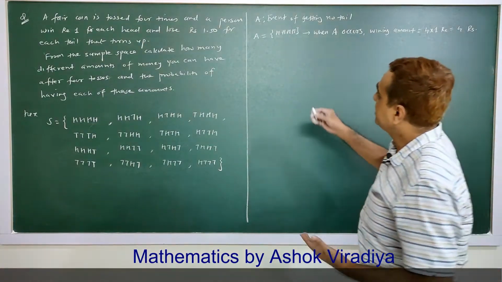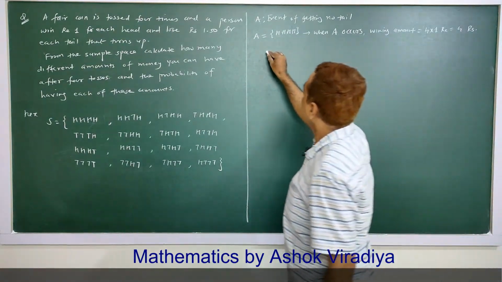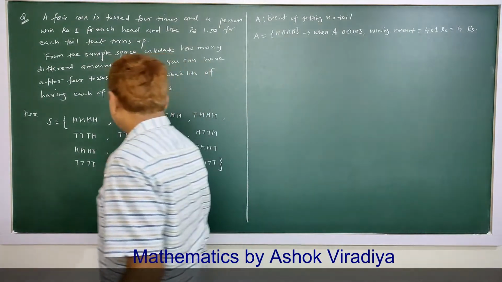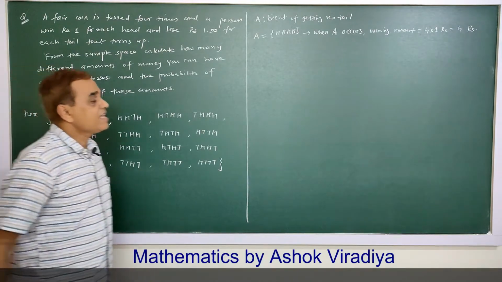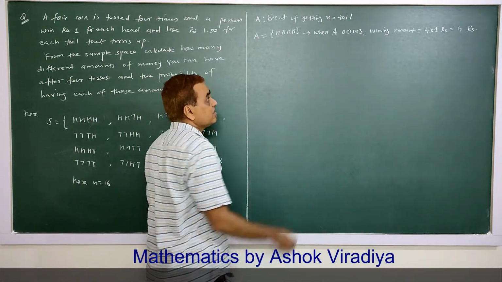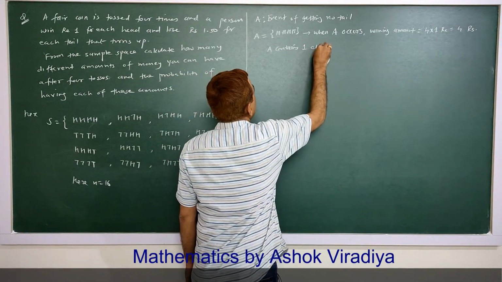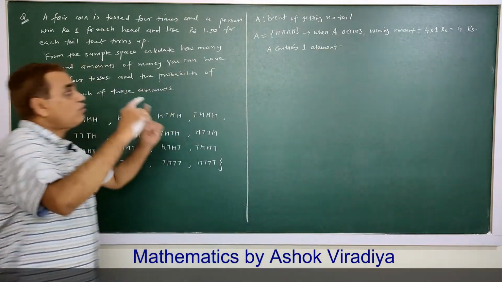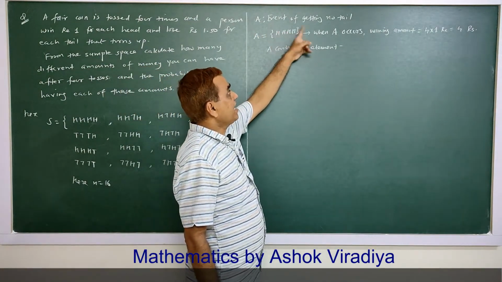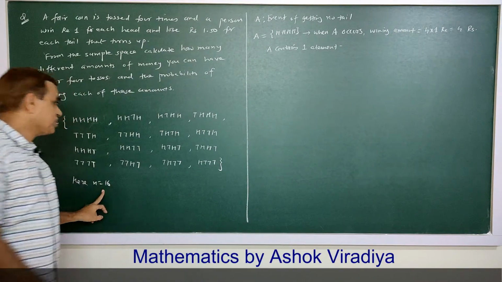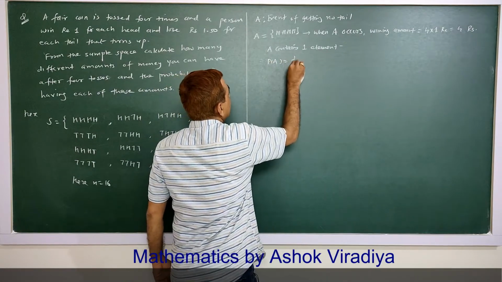Now let me take the probability of this event. Here S contains 16 elements and here A contains 1 element. So the probability of event A is 1 by 16.